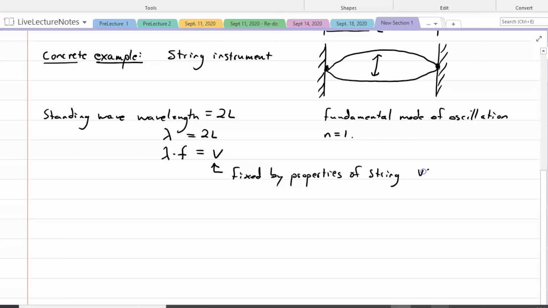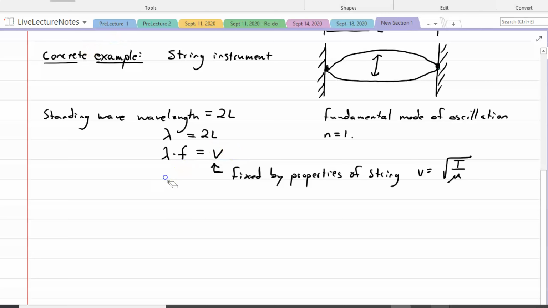You may remember this formula: v is the square root of tension divided by the mass density of the string. That's why when you are tuning a guitar, tightening or loosening it, you're changing the tension. That's changing the speed of the wave. The wavelength is fixed because the length of the guitar is fixed, so it changes the frequency that you hear.